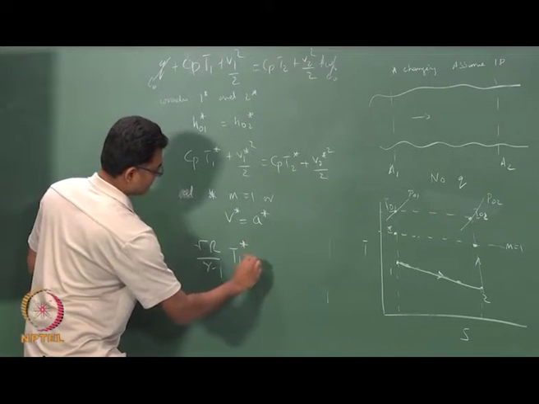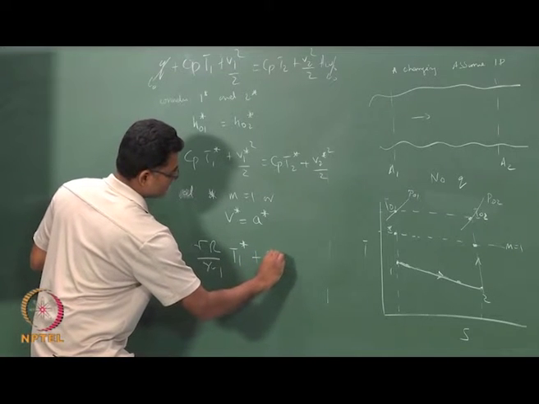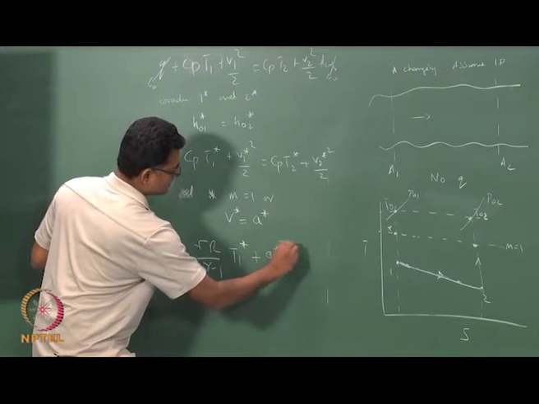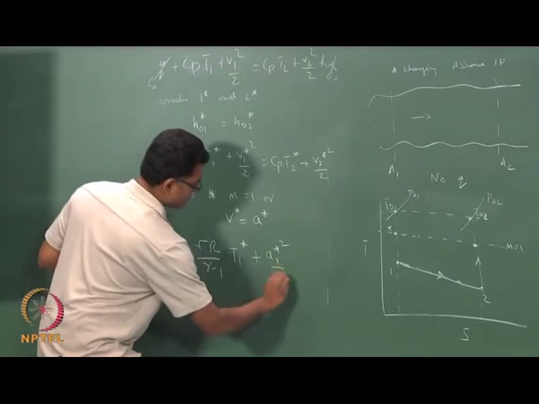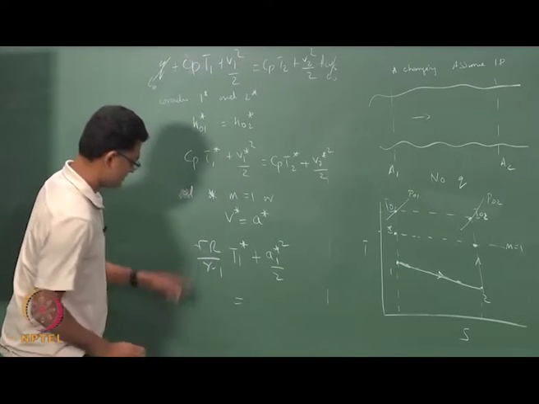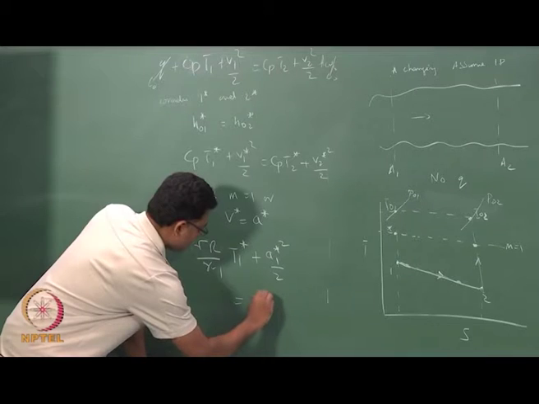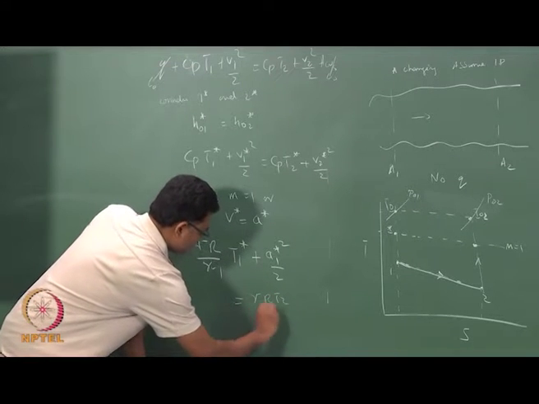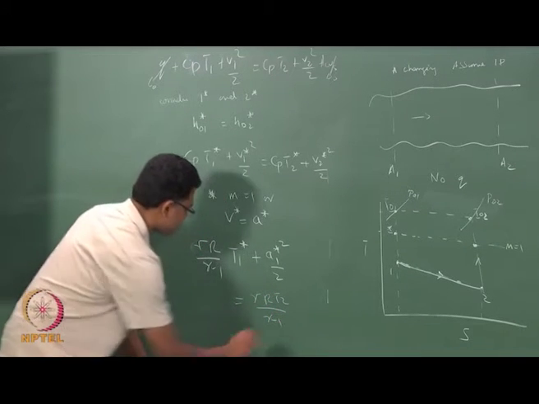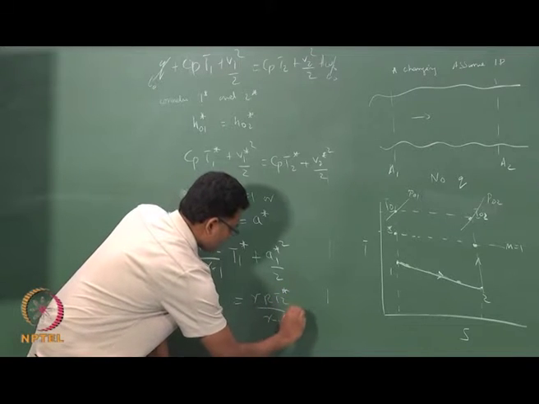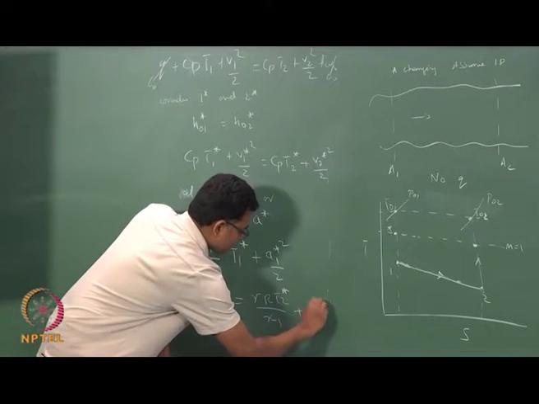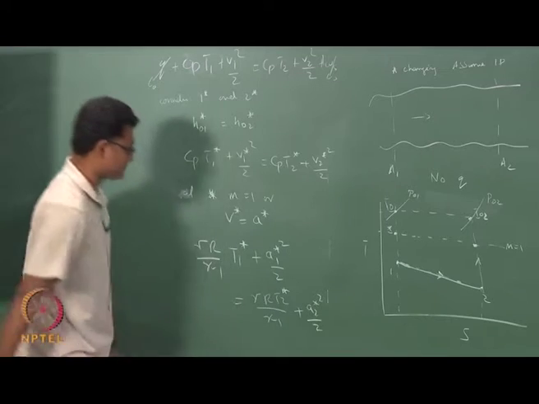T1 star plus a1 star square by 2 equals the other side, the second point, T2 star by gamma minus 1 plus a2 star square by 2.